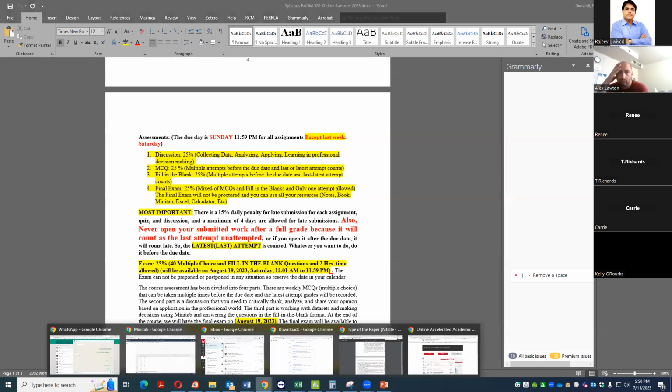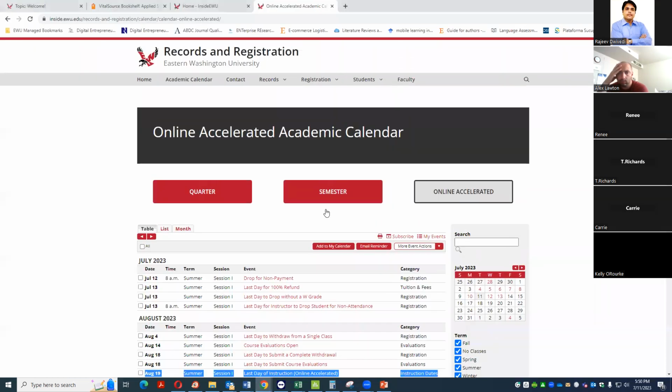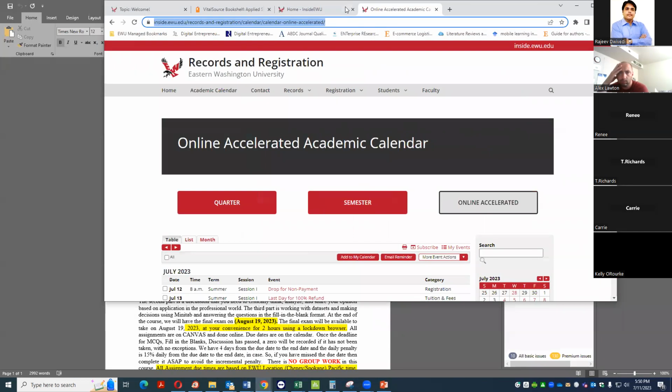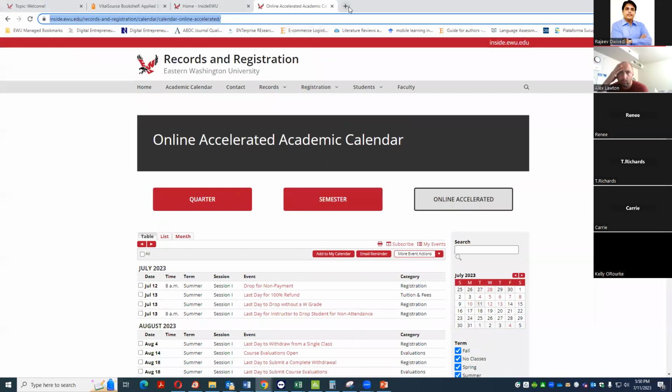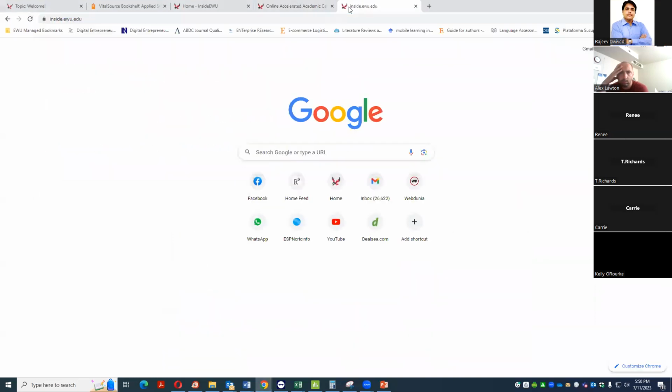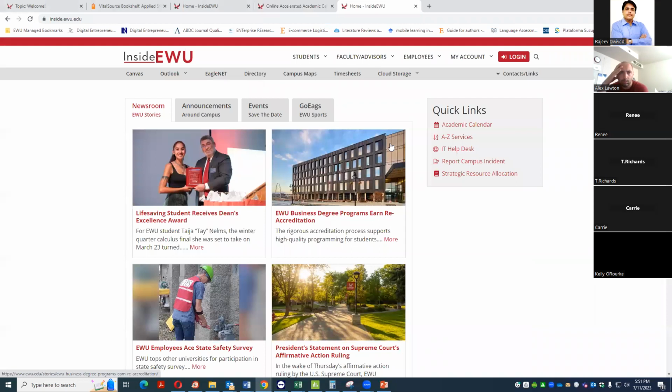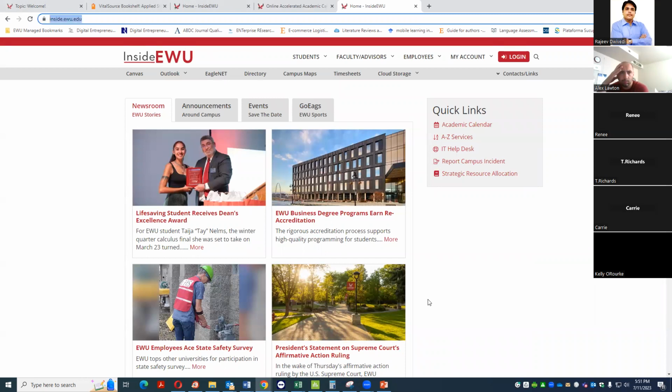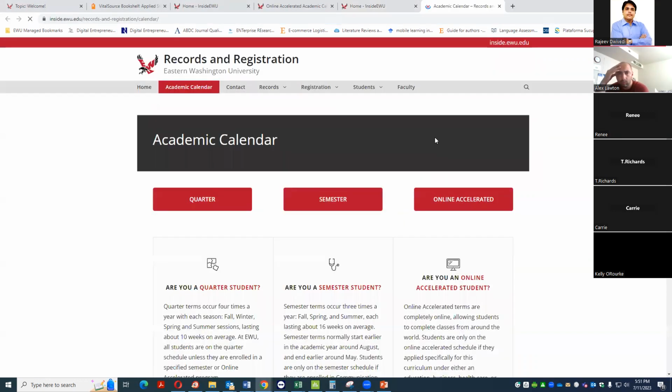Okay, how do you get this? Just look into this. This is the website that you always access, inside.ew.edu. Here on the right side, you have the academic calendar. There are three terms going on in Eastern.